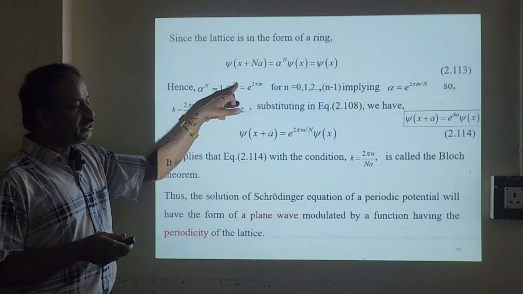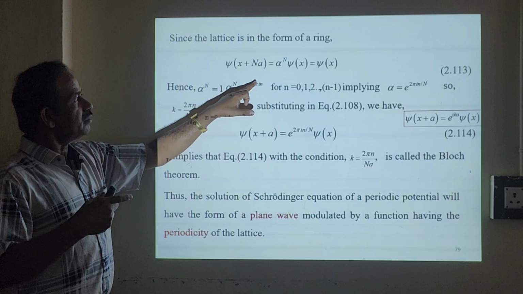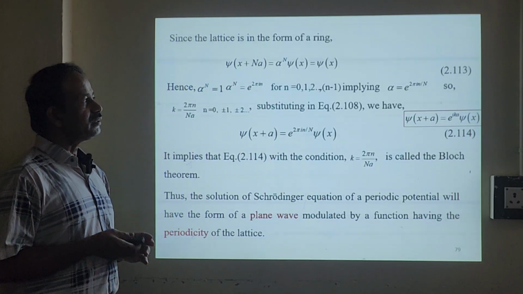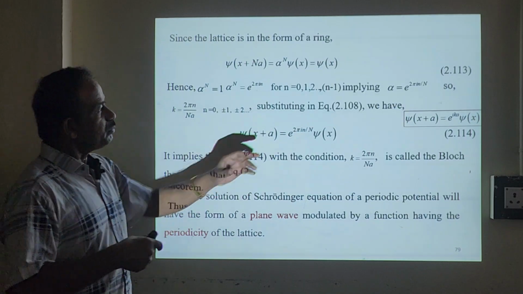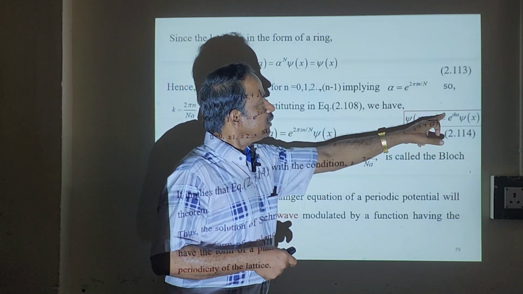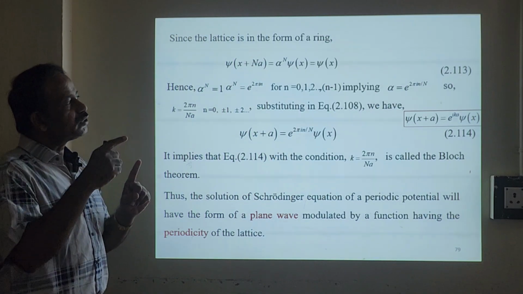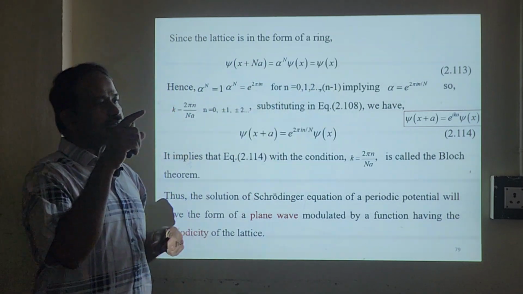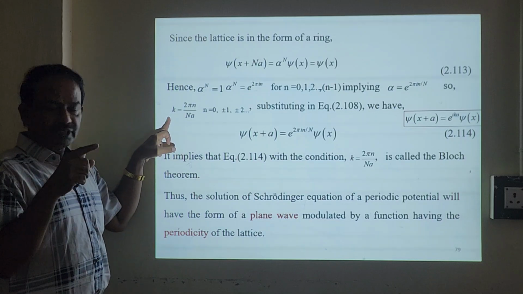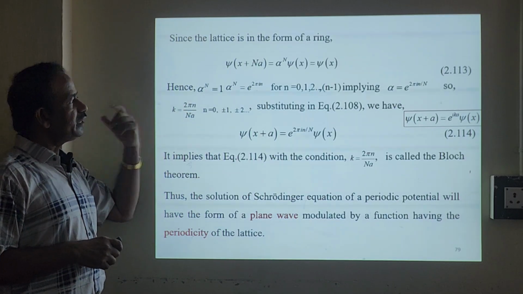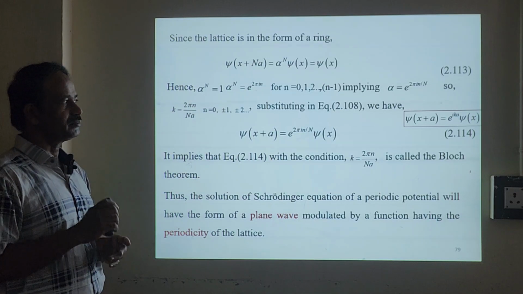Is it clear? You divide the power by N, which gives alpha equals e power 2 pi i n by N. Comparing with e power i k a, the i a gets cancelled. So k will be 2 pi n by Na, where n goes from 0, plus or minus 1, and so on.